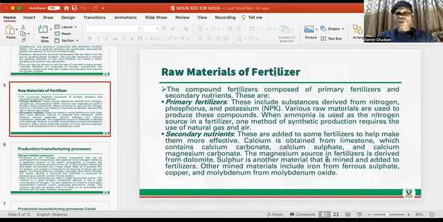The magnesium salt in fertilizer is derived from dolomite. Sulfur is another material that is mined and added to fertilizers. Other mined materials include iron from ferrous sulfate, copper, and molybdenum from molybdenum oxide.